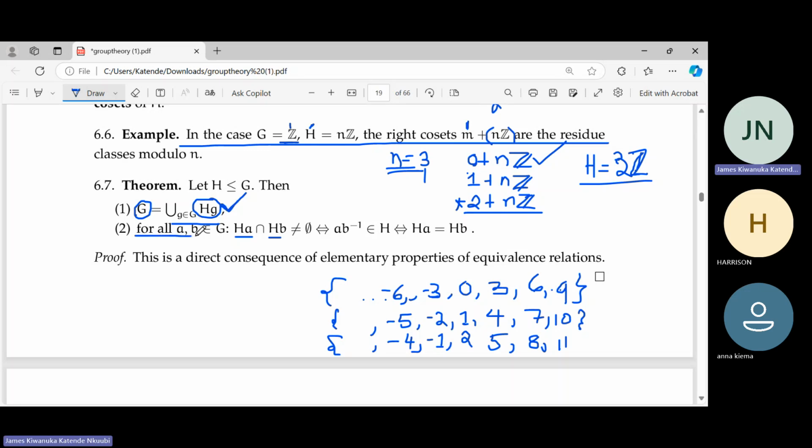But this second property says if the intersection of 2 cosets is not empty, then they must be equal. There's a bit in between here that I think I was paying attention to and didn't see this last part. So it's actually this one: if the intersection of 2 right cosets is not empty, then they must be equal.